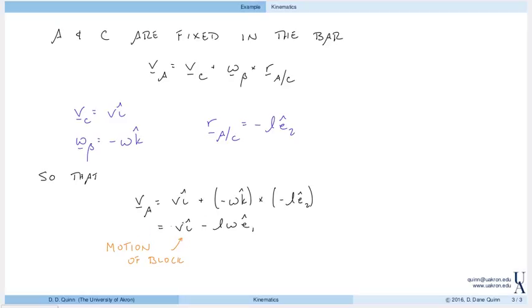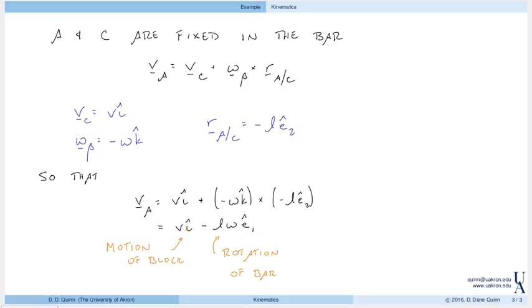So the block slides to the right with speed v. While this second term is due to the rotation of the bar, namely clockwise with angular speed omega. And they combine to give us the overall velocity of A at the end of the bar.